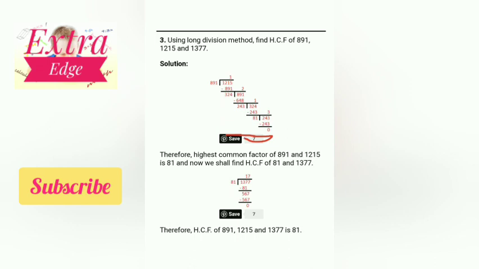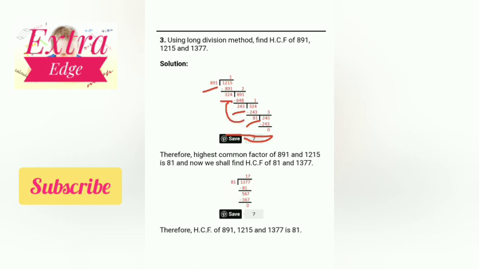In this case, as we divide, the first remainder is 324. Again we divide the previous divisor 891, and we get remainder 243. Next we get remainder 81. Then we divide 243 by 81, and we get a remainder 0.